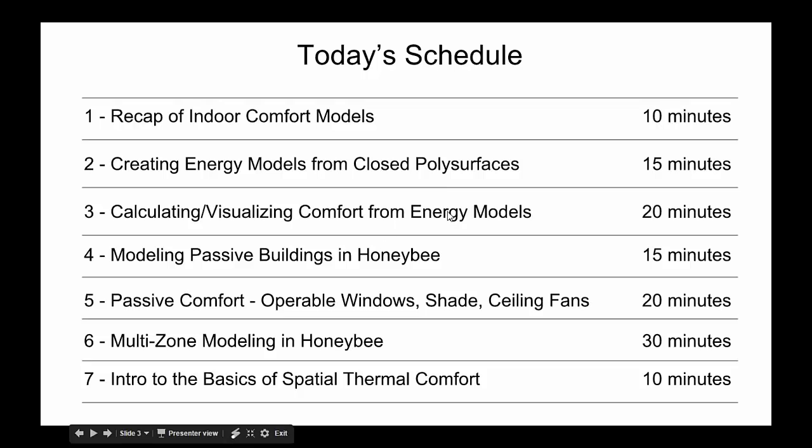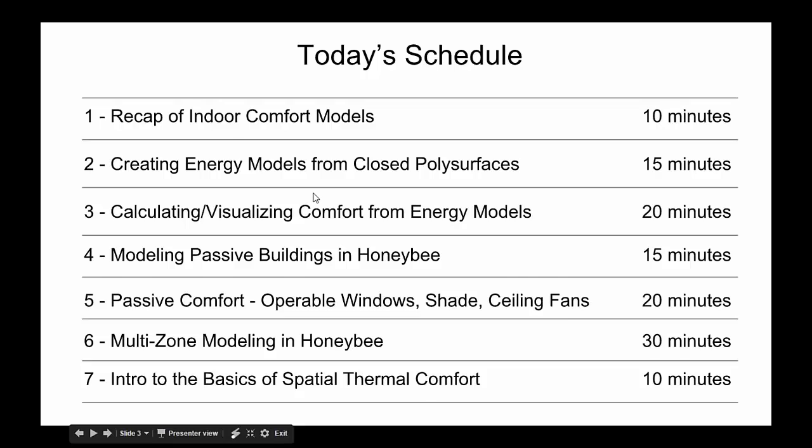We're going to calculate and visualize comfort from that energy model. We're going to turn that building into something completely passive instead of conditioned, which is the default. Then we're going to apply a bunch of passive strategies, including operable windows, shade, ceiling fans, etc., to see how they improve the comfort. And finally, we're going to take that same model and turn it into a multi-zone, multi-room model, and start to understand that not all spaces are created equal in terms of their thermal comfort.